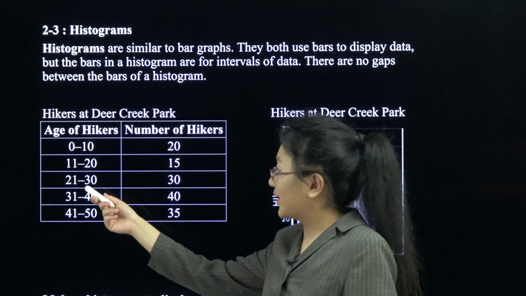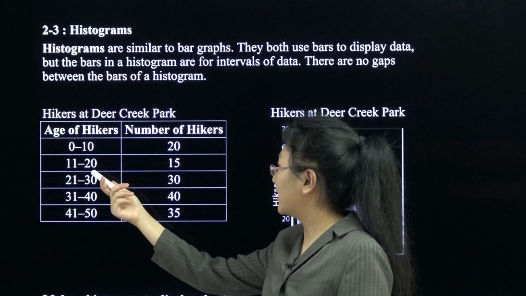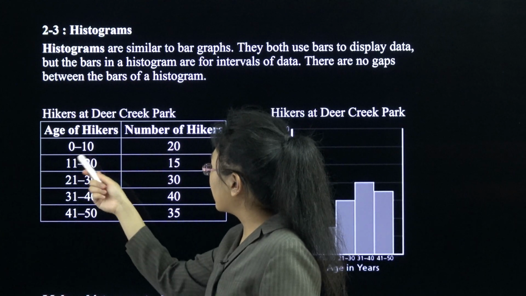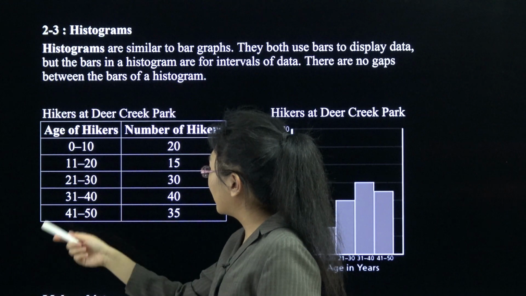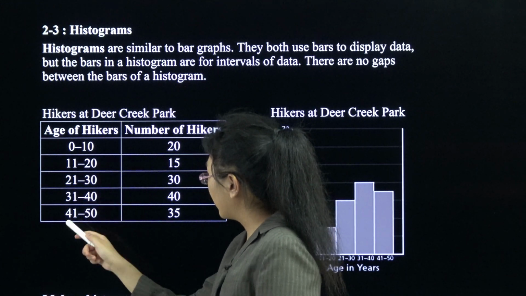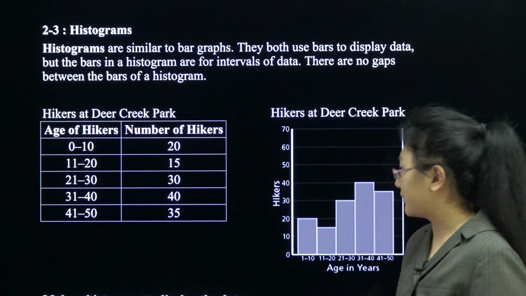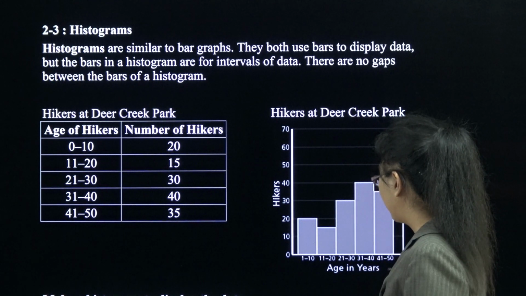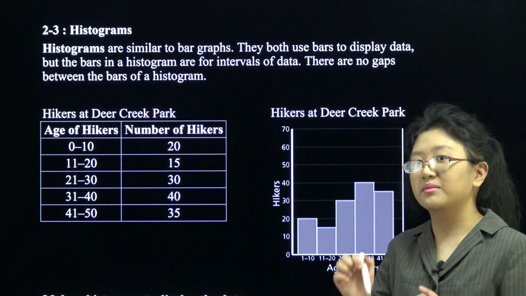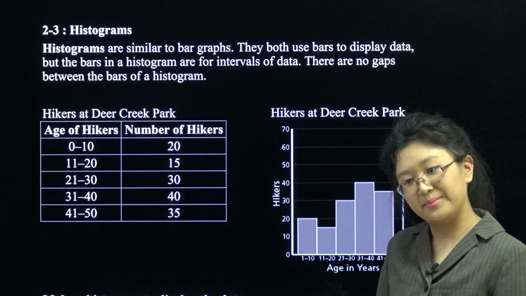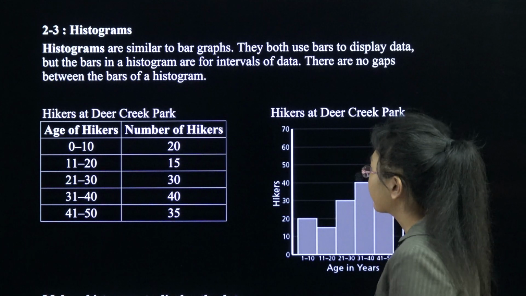Now here, we can see something of these intervals that they mentioned. Age of hikers, 0 to 10, 11 to 20, 21 to 30, 31 to 40, 41 to 50. So this is when you have too many different ages to actually plot them all separately, because that would be a little bit inefficient.